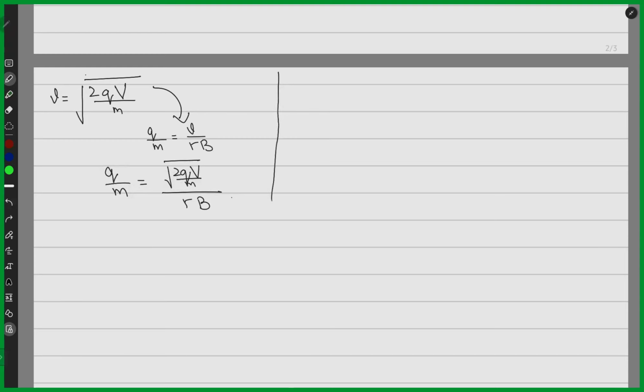So let's utilize this space. Square the equation, let's call it equation alpha. So what does that give you? That gives you q squared over m squared is equal to, you can get rid of the square root, 2qV over m divided by r squared B squared. So this is what we are left with.